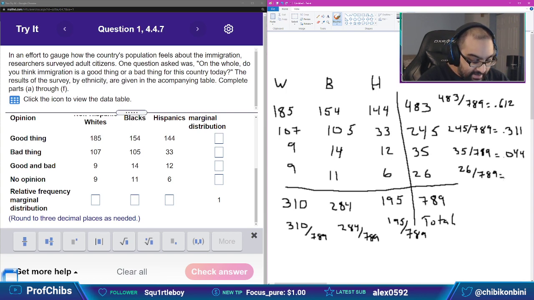Yeah, unfortunately, we have to do this by hand, so it kind of stinks, but it's pretty much the only way you could do it. 0.033, okay. And let's do the ones down here. 0.393. Here I get 0.360. And 0.247.